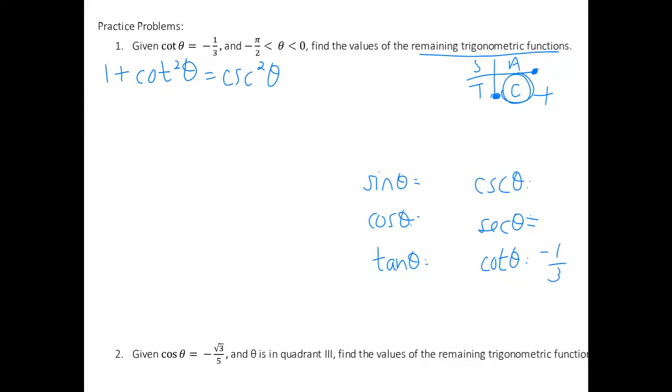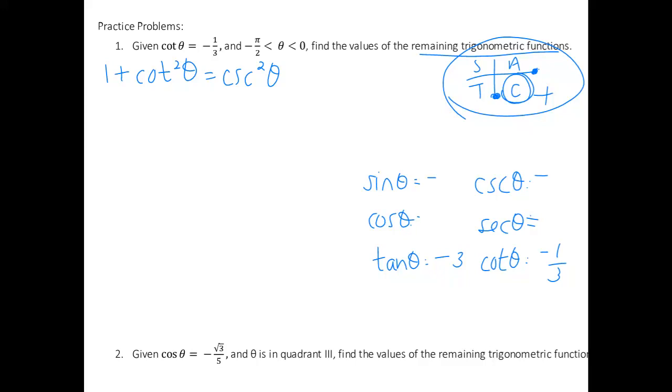One thing that maybe you want to do so you don't forget this piece right here is you could just put the signs in right away. So if I know cosine and secant are positive, then I automatically know sine's going to be negative, cosecant's going to be negative, and then tangent, which automatically I get tangent by just reciprocal identities. I can make that a negative 3, or if you want to put negative 3 over 1 to show the true reciprocal, that's fine too.